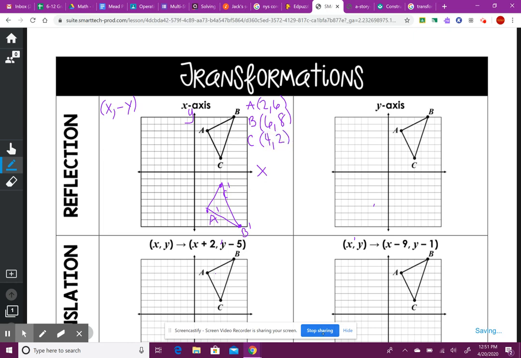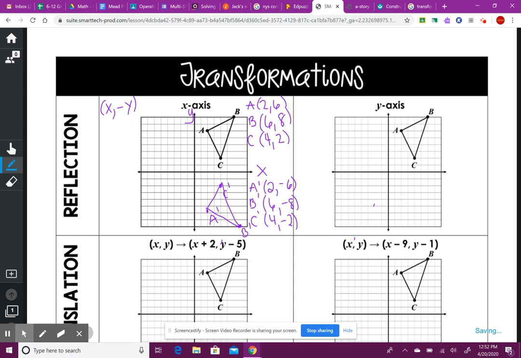So down here, my A prime, using my rule, meant that I keep the x, change the sign on the y, which is true. This is 2, this is -6, so it is right after I did the longhand way. Keep the x, change the sign on the y. So you should be able to do that as well.